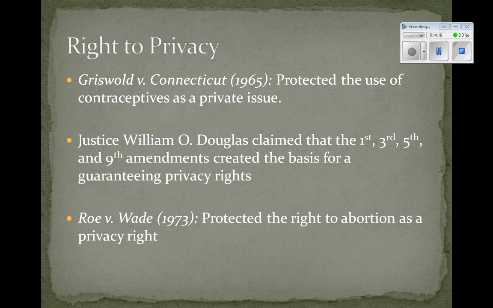Without saying it, they cast a shadow over that right, which has been interpreted by the Supreme Court to be a right guaranteed to them. And again, this comes up in Roe v. Wade, 1973, when the right to an abortion was seen as a privacy right and therefore guaranteed.